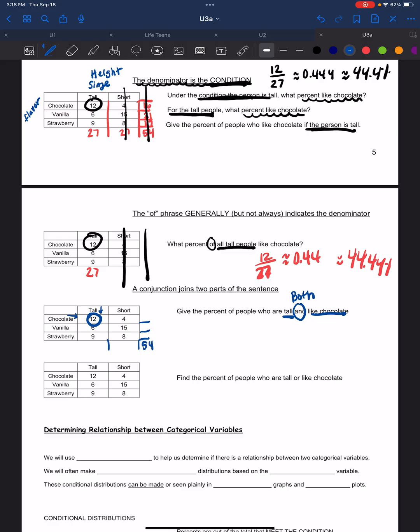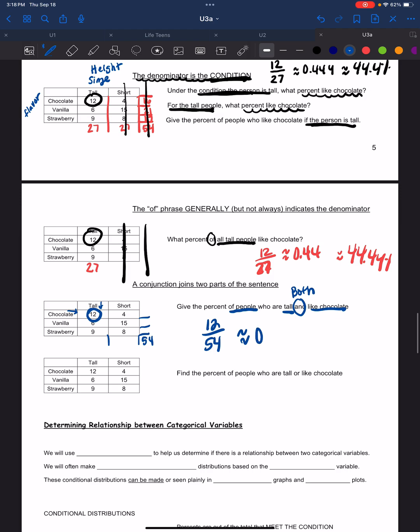Well, there was 54 people, right? So 12 out of the 54 people. It's talking out of everyone. And so that would give me, I don't know what that percent is, so we're going to go find it. 12 over 54 is 0.222, which would give us 22.2% of our data are people who are tall and like chocolate. It has to be both of those things.